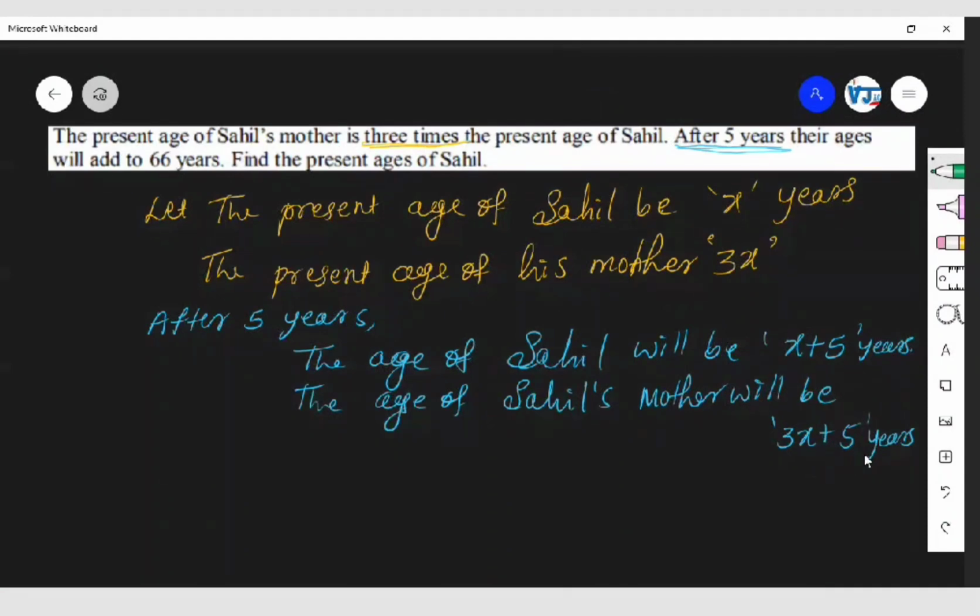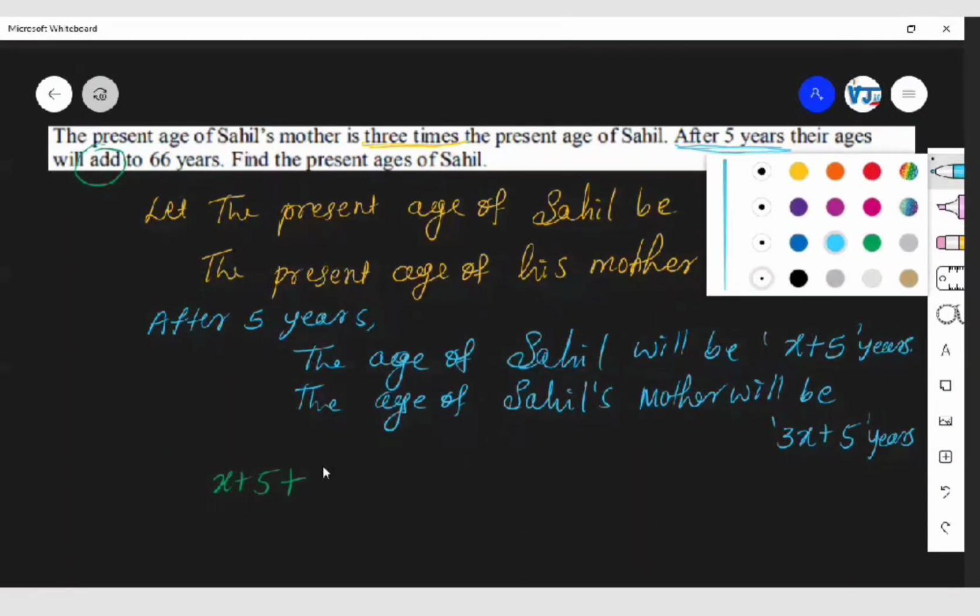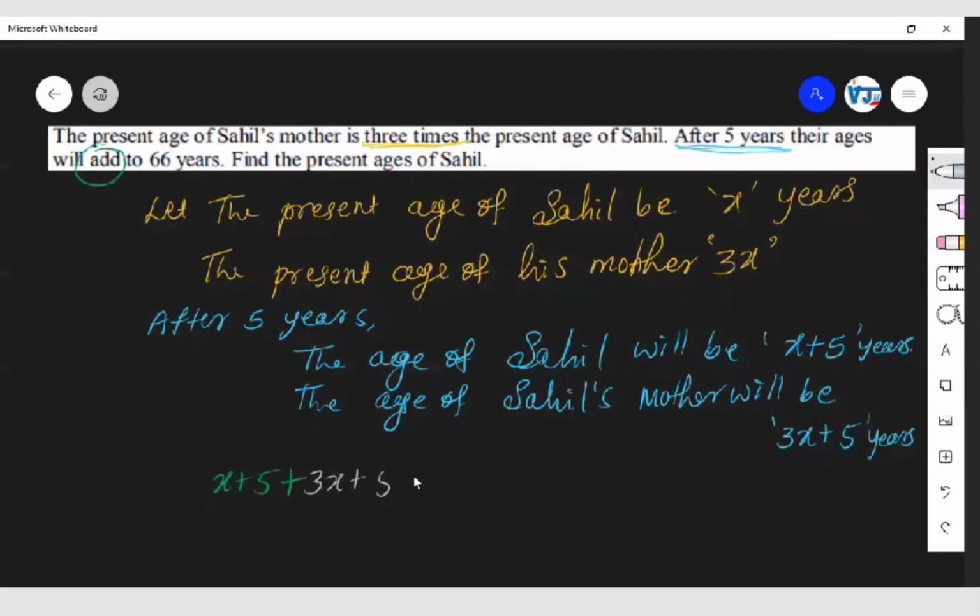Then after 5 years, their ages will add. Add means what we have to take? Plus. Right now, x plus 5 plus 3x plus 5. Very good. They are added here. See, this is addition. They are added up to how much? 66.